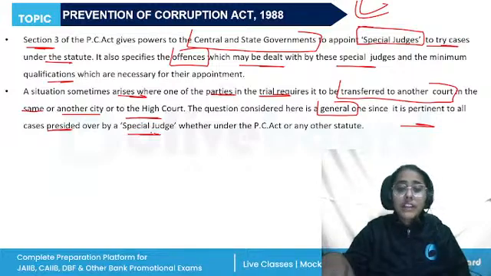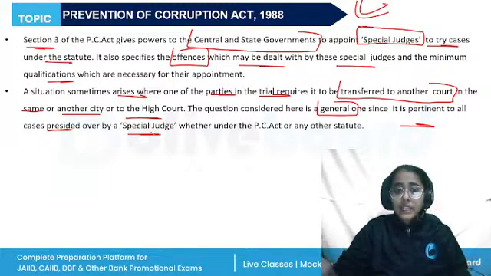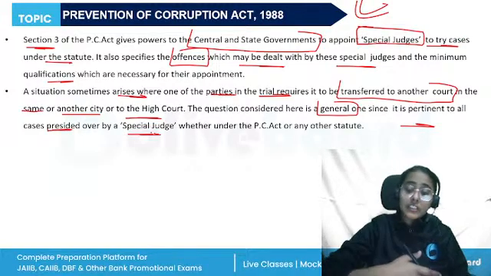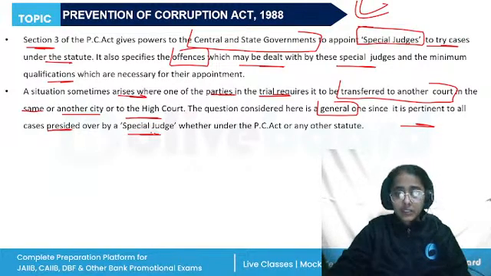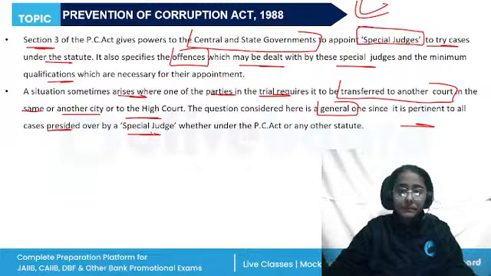Thus, it became well established that only the transfer of a case from a special judge to the High Court itself was prohibited, and not the transfer of a case from one special judge to another special judge. All right, so this was the decision given under the many cases related to the transfer.